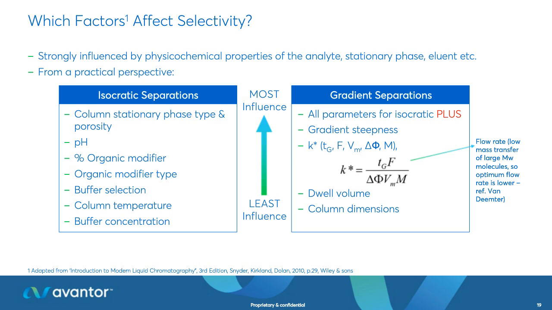There's not enough time for that protein to interact with the column, and therefore optimizing the flow rate can be of much use in your method development. So do consider the flow rate more so in large molecular weight analyses than you would for small molecules. If you go too fast as well, you can cause frictional heating and aggregation. So just do consider that with the flow rate as well.